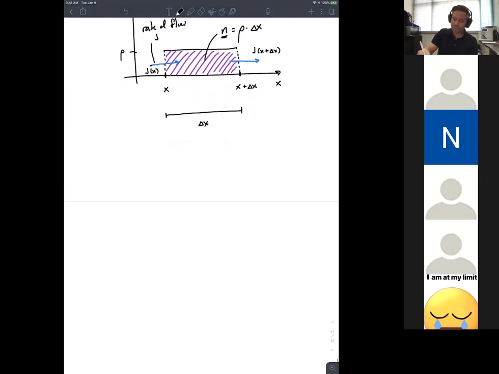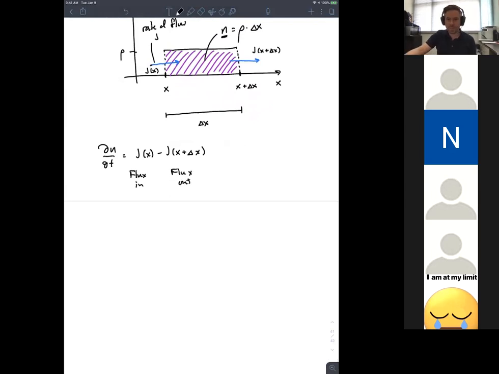All right, so now I can say that the rate at which the number of particles changes is going to be equal to the flux in minus the flux out.